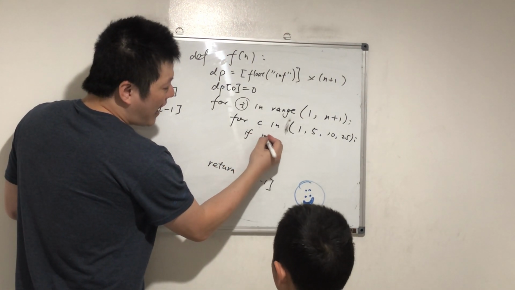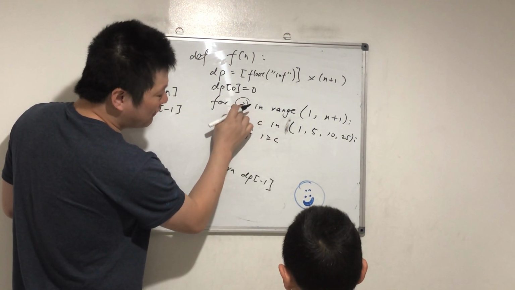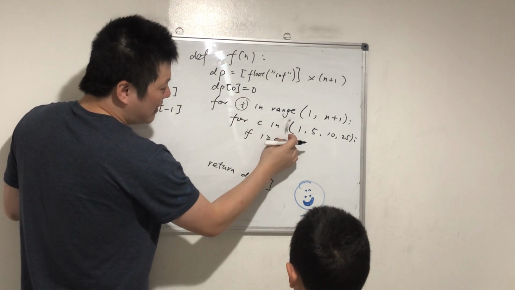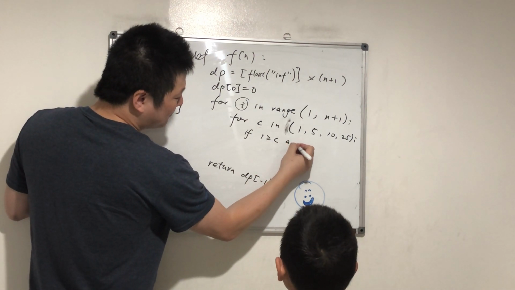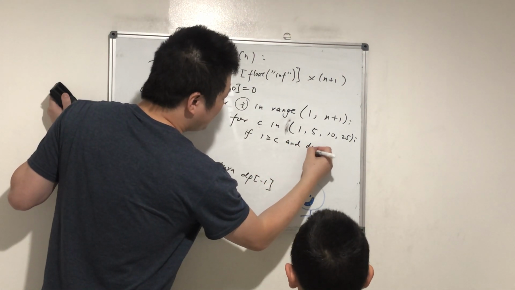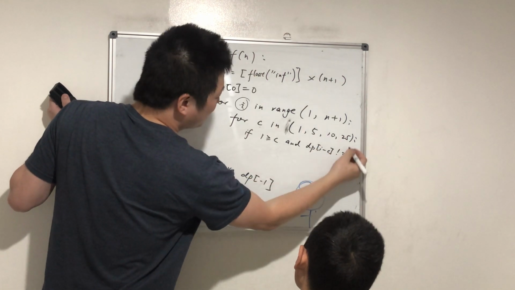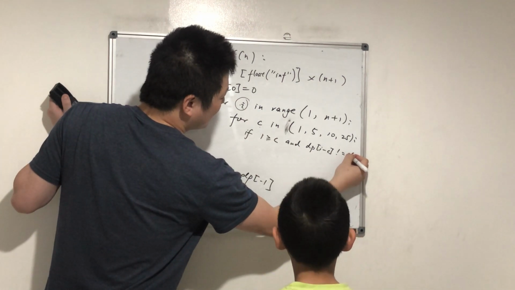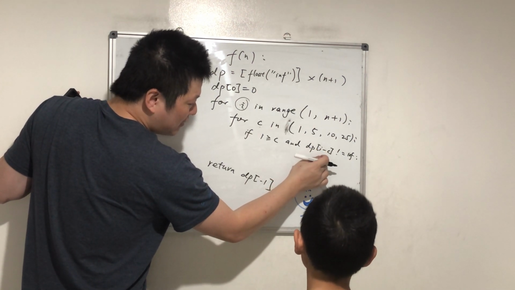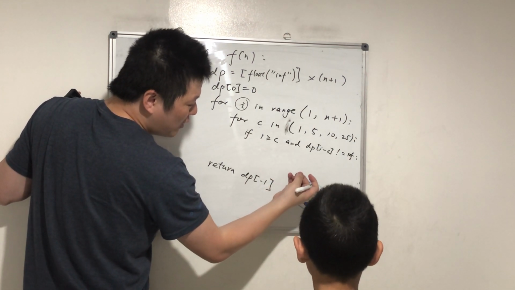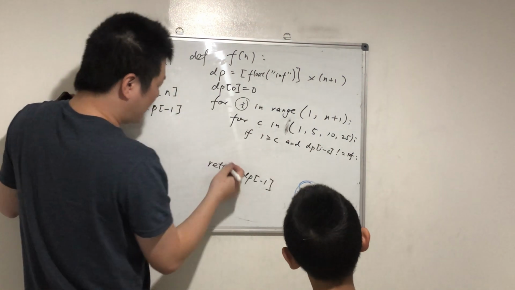If i is bigger than or equal to c, yeah, we have 25 coins. If 25 is bigger than one of these numbers, and dp[i minus c] is not equal to infinity, because we know how to make it up.